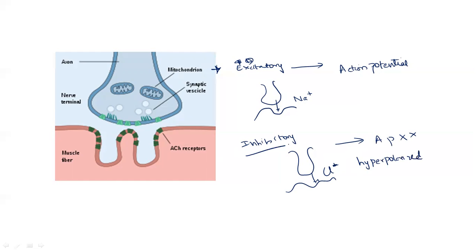Examples of inhibitory neurotransmitters are serotonin and GABA, whereas examples of excitatory neurotransmitters are acetylcholine, catecholamines, glutamate, and histamine.